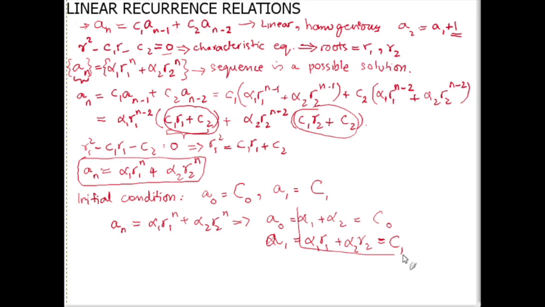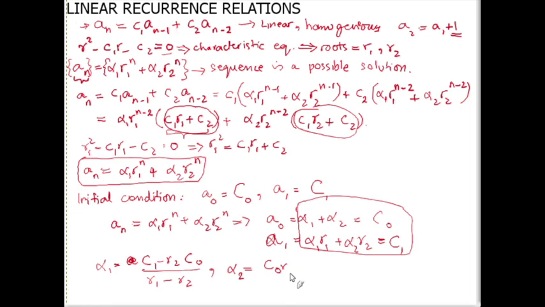Now solving these two simultaneously, we will get alpha 1 equal to (C1 minus r2 C0) divided by (r1 minus r2), and alpha 2 equal to (C0 r1 minus C1) divided by (r1 minus r2).